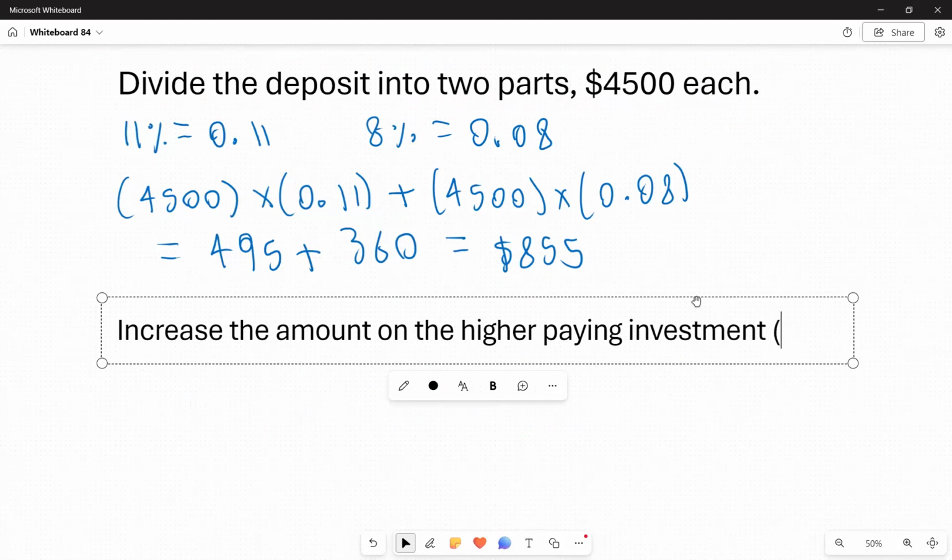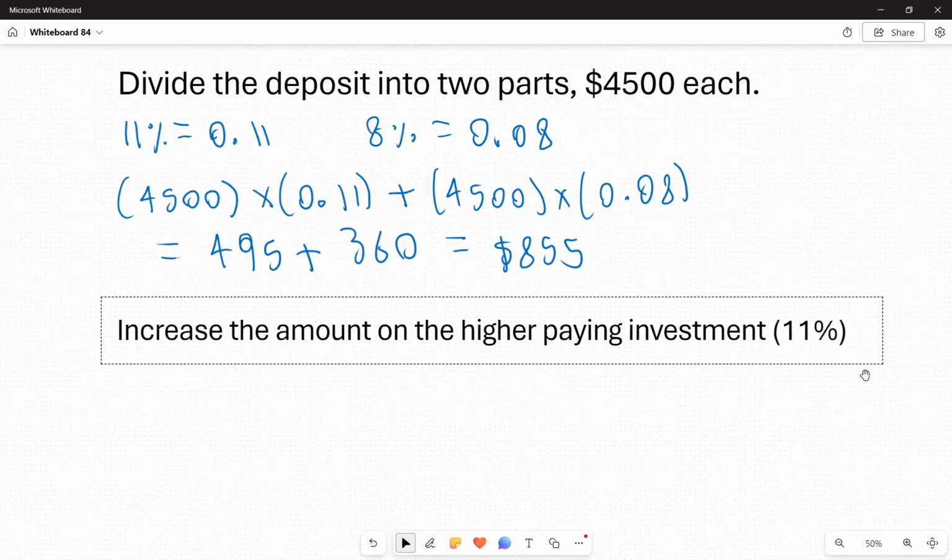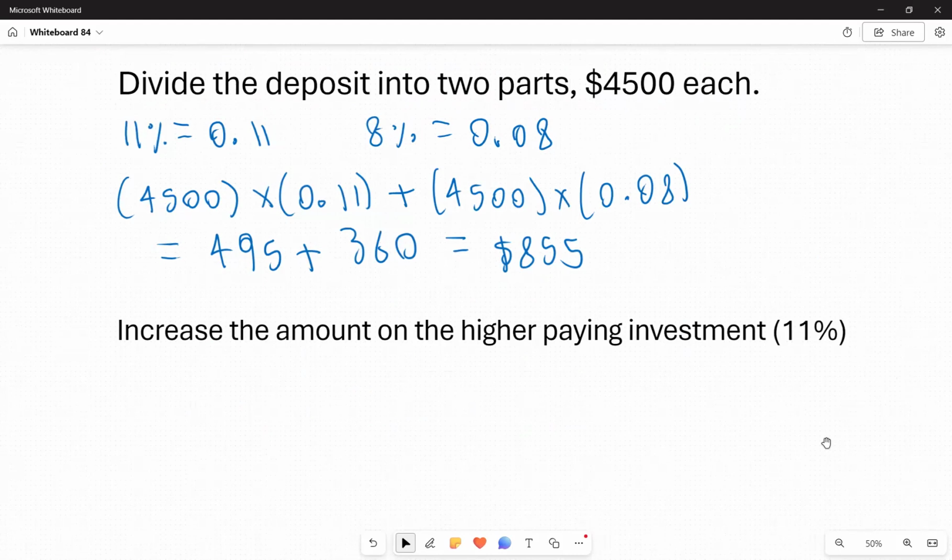That is the one that pays 11%. So we're going to split it now into 6,000 and 3,000. That's going to be 6,000 at 11%.